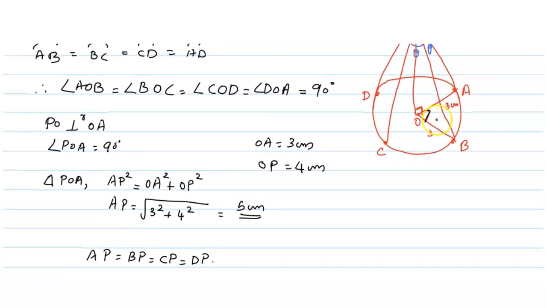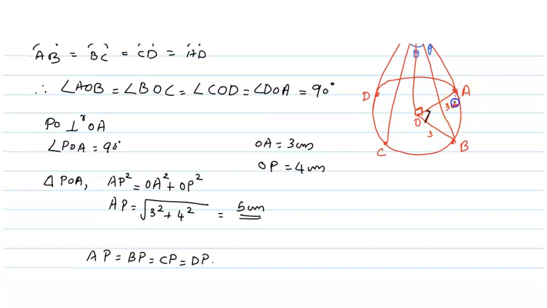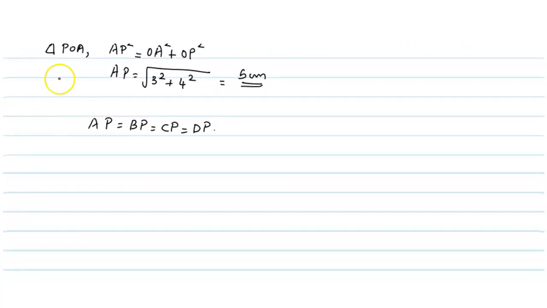Now consider the triangle AOB. If I am joining AB, consider the triangle AOB. We have AB square equals OA square plus OB square, which is equal to 3 square plus 3 square, that is 18.